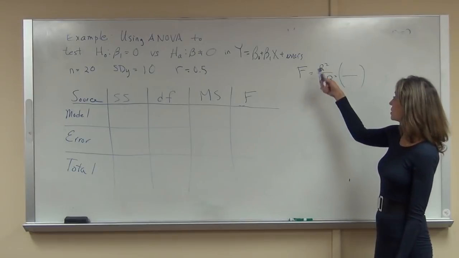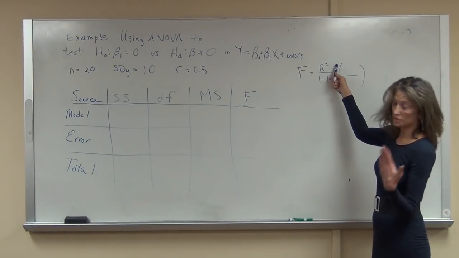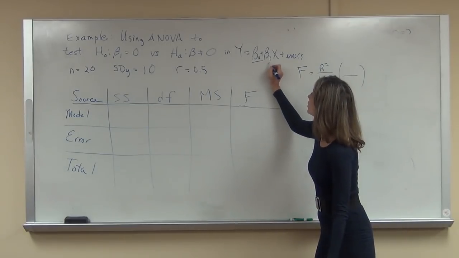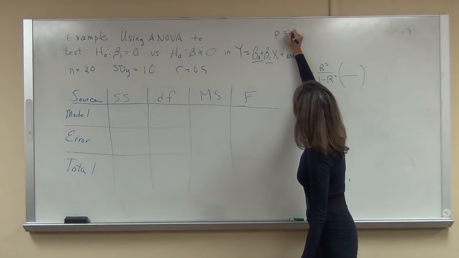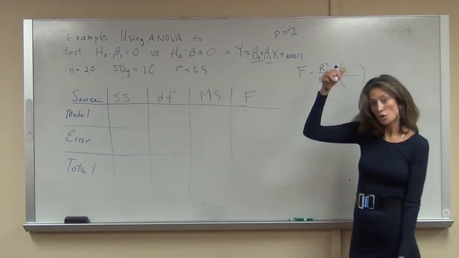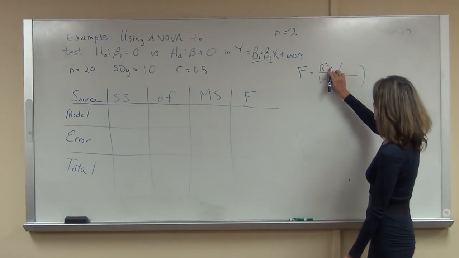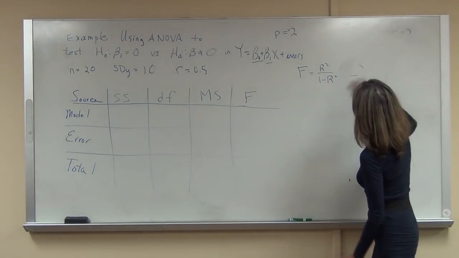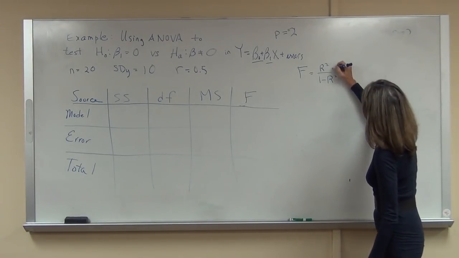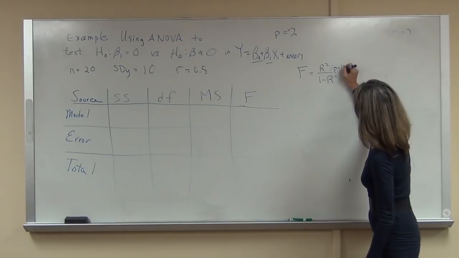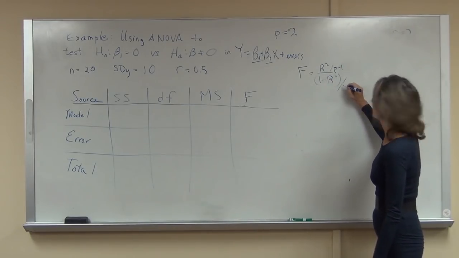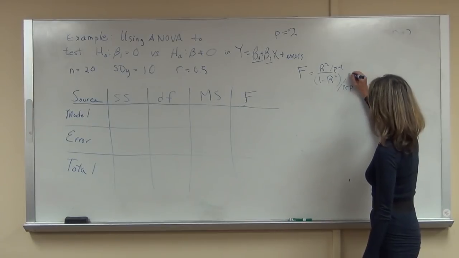So remember, the numerator degrees of freedom is just going to be the number of parameters minus one of them. So the numerator is going to be p minus 1, and for 1 minus r squared, the denominator is going to be n minus p degrees of freedom.